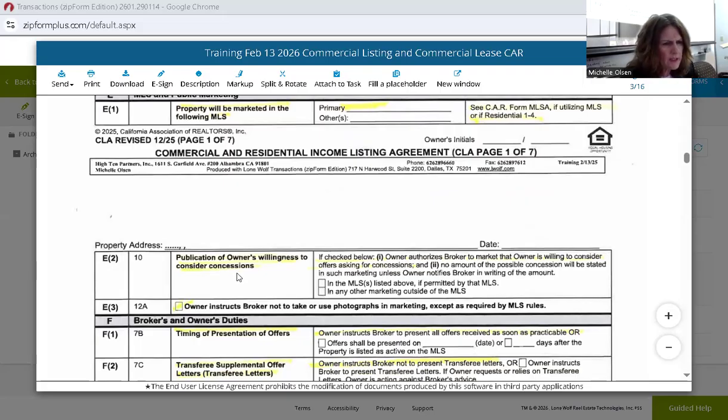Publications of owner's willingness to consider concessions. If checked, the owner authorizes the broker to market that the owner is willing to consider concessions on an offer. I normally don't do that because it depends on the terms and conditions. If the broker calls you and asks if they're willing to make concessions for the commission, you could say, yes, as far as I know, but they need to look at your LOI first, your letter of intent.